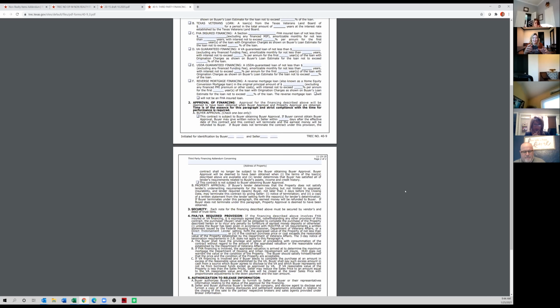Does that make sense? So let's say they're buying a house for $250,000, putting $125,000 down. Even if that house appraised for $200,000, they would still be fine. The property would still pass that 2B threshold.